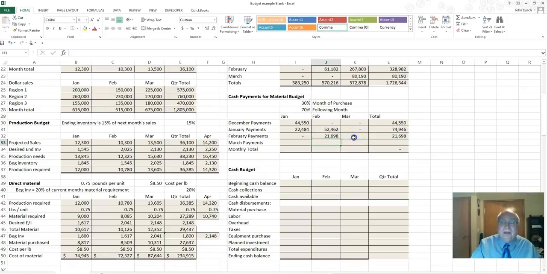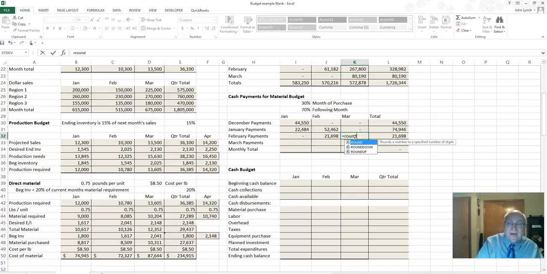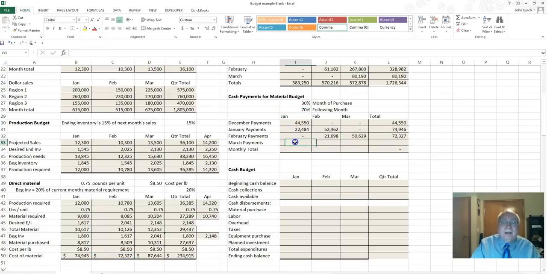Okay. And over here, this is March. We'll pay 70% of February's times 27. Okay. And for March, January, February is going to be 0.